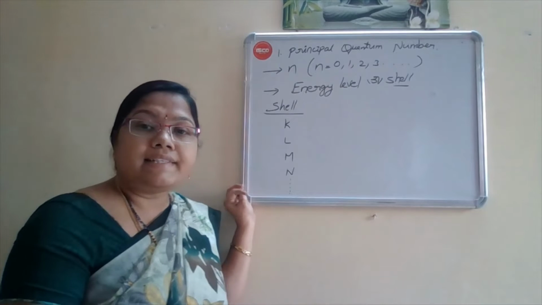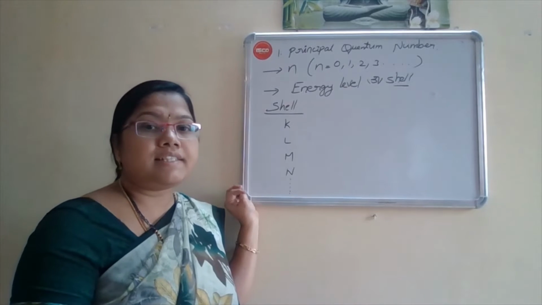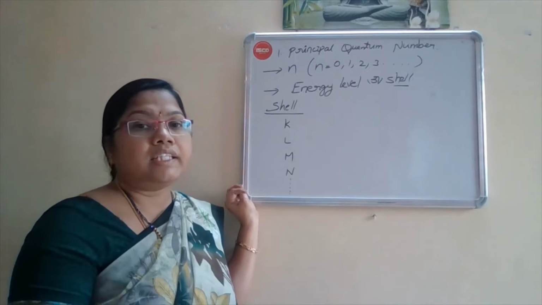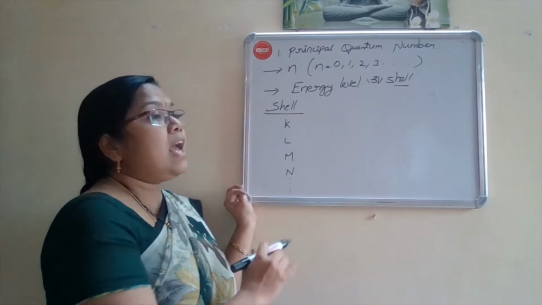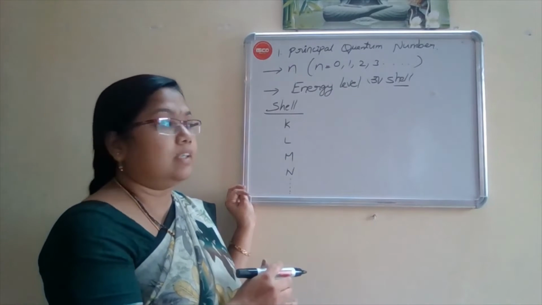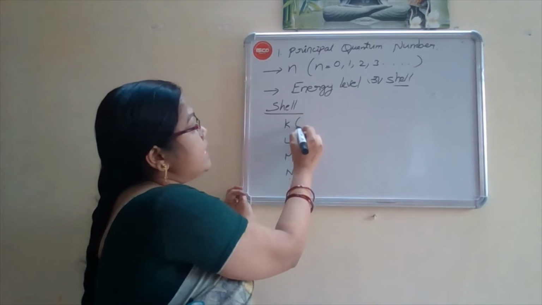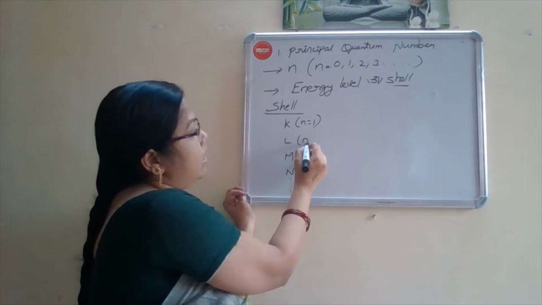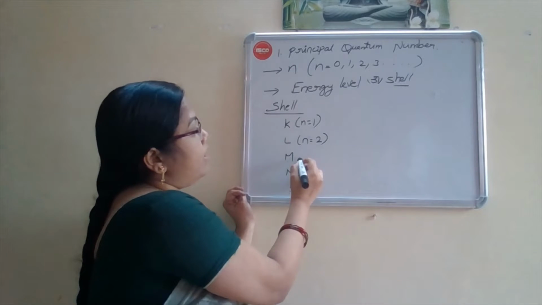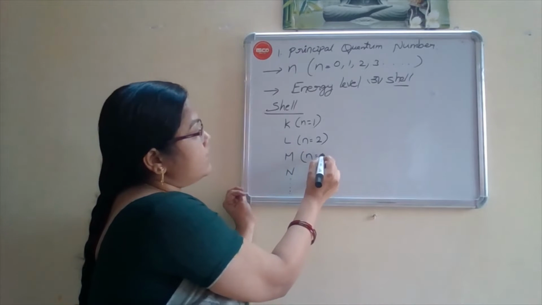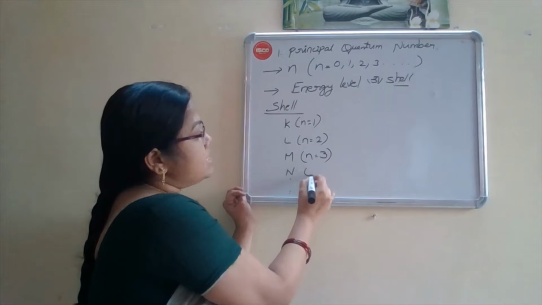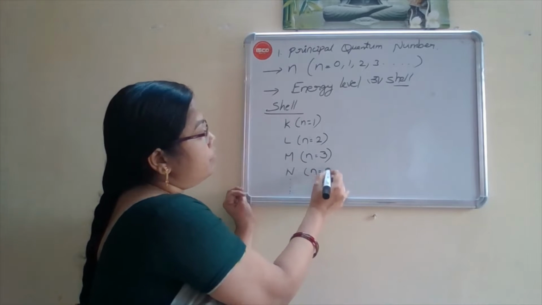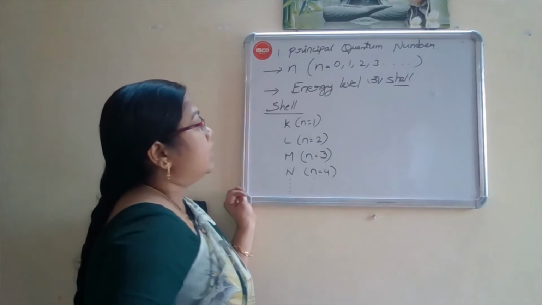But scientists have named these shells using quantum numbers. Each and every shell has its own quantum number. For K shell, principal quantum number is 1. For L shell, n is equal to 2. For M shell, n is equal to 3. For N shell, n is equal to 4 and so on.